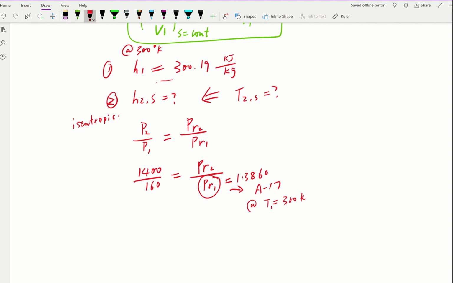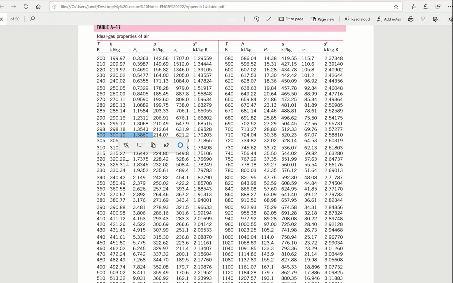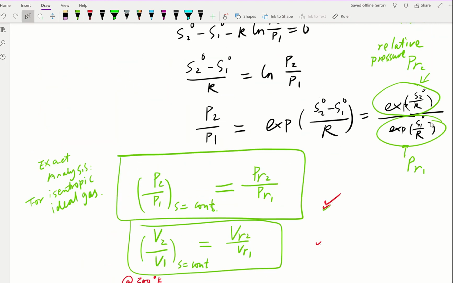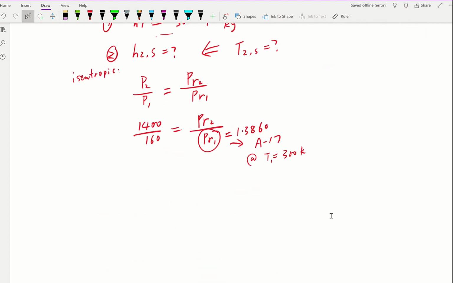1.3860. And the unit for that one is, well, nothing, because it's going to be unitless, okay? PR, even though they call it relative pressure, is unitless. Remember, this is the definition of PR. It's an exponent of something. That's going to be no unit.